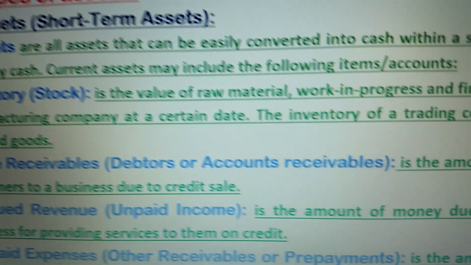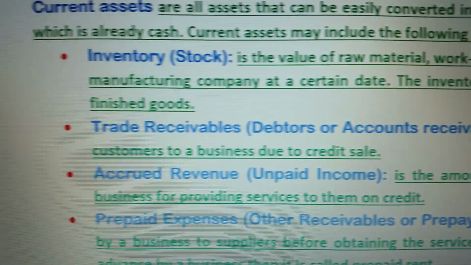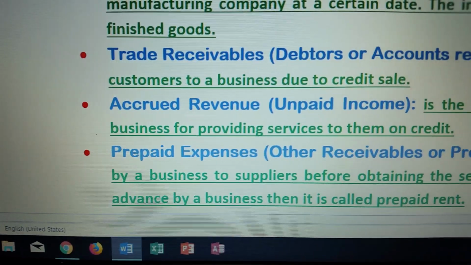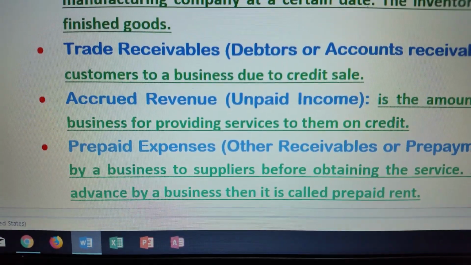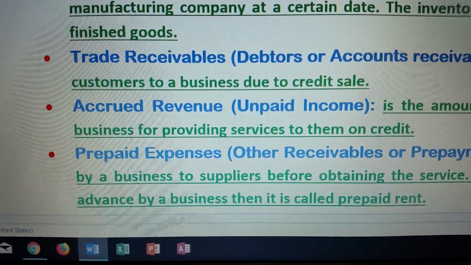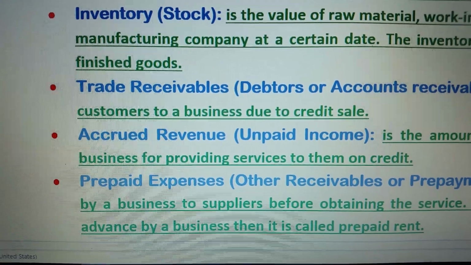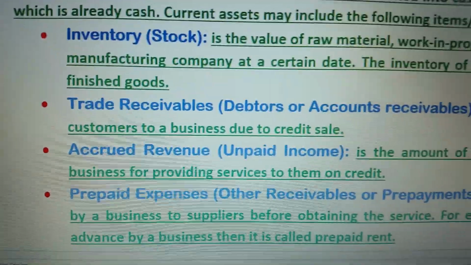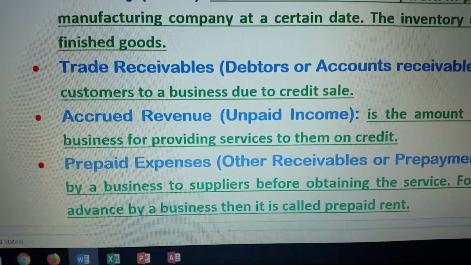Trade receivable is the amount of money due from customers to a business because of credit sales. If you have a business and you sold goods to your customer on account, on credit, you have to record trade receivable.